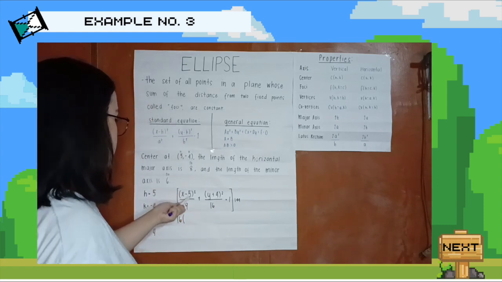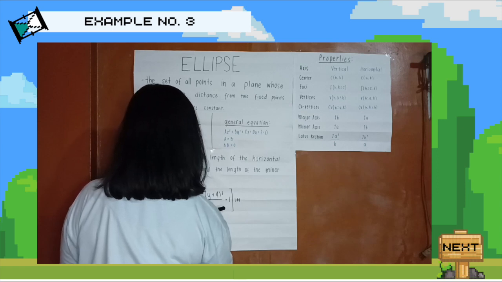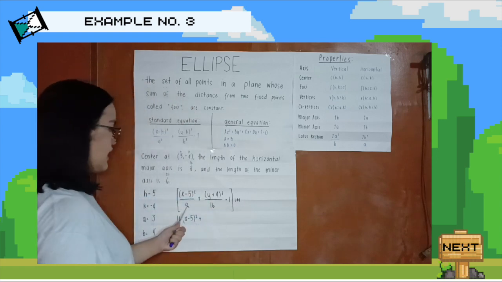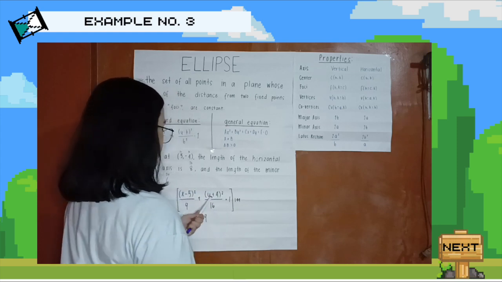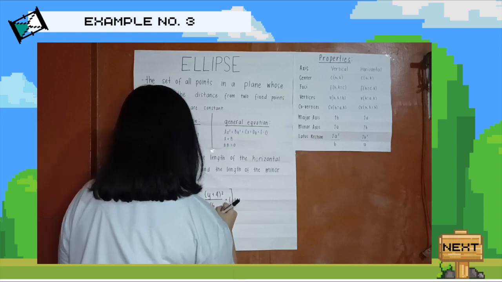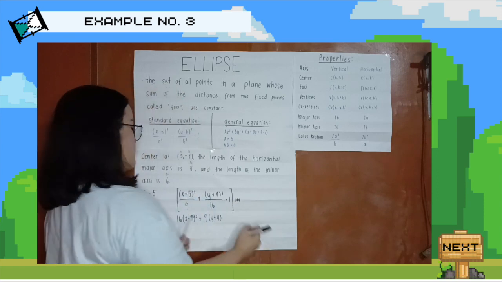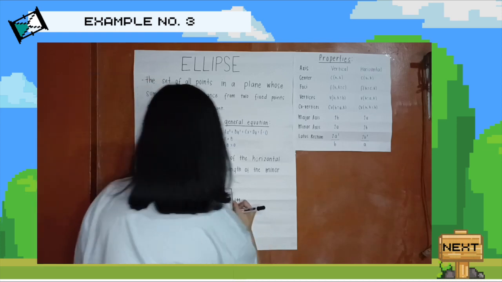So 16 times the quantity x minus 5 squared, plus 9 times the quantity y plus 4 squared, is equal to 144.